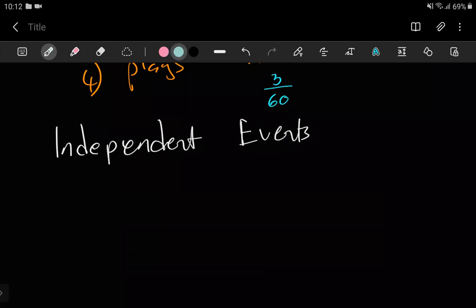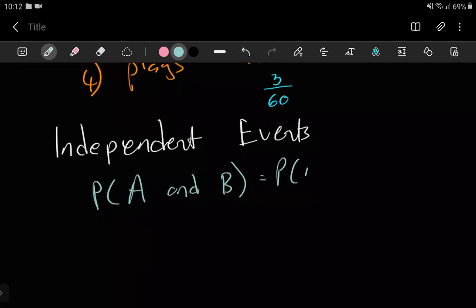The formula basically says: the probability of one thing happening and another thing happening at the same time will always be equal to the probability of the first thing multiplied by the probability of the second thing.